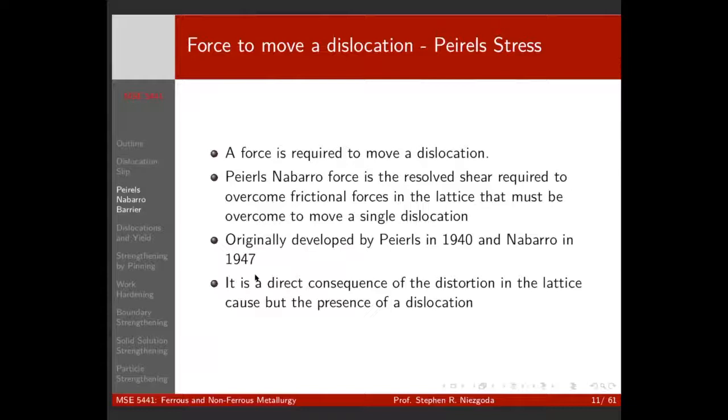For ionic crystals, a lot of the original dislocation work to measure dislocation velocity was actually done in rock salt or other halides, calcium fluoride. They were compressed underwater to keep them from fracturing, at relatively high temperatures.